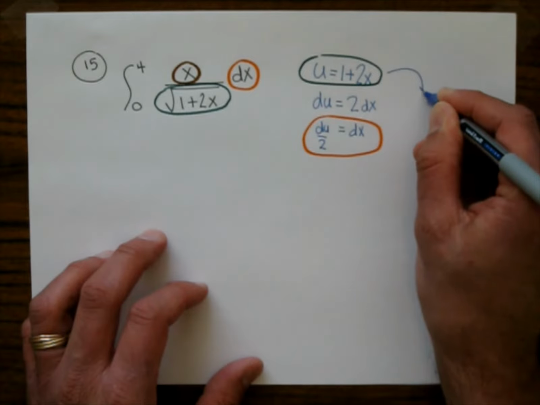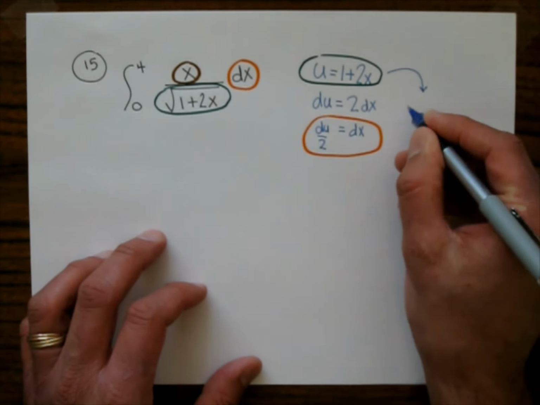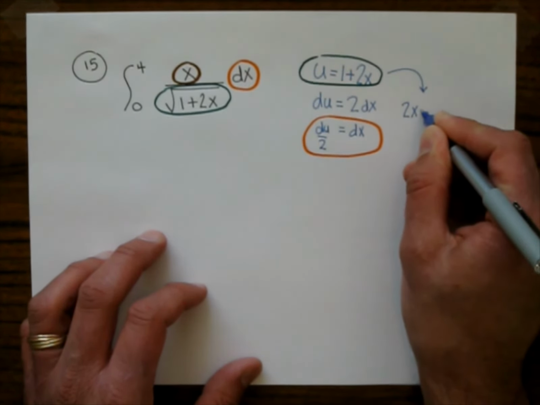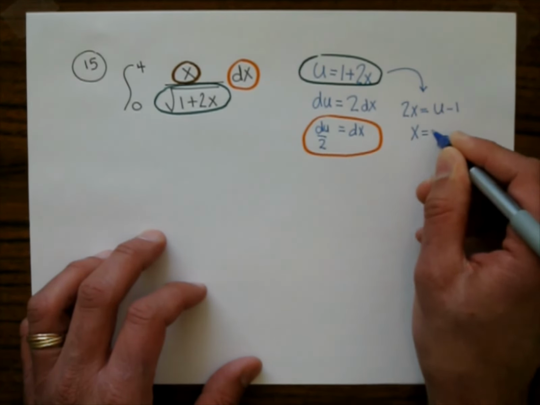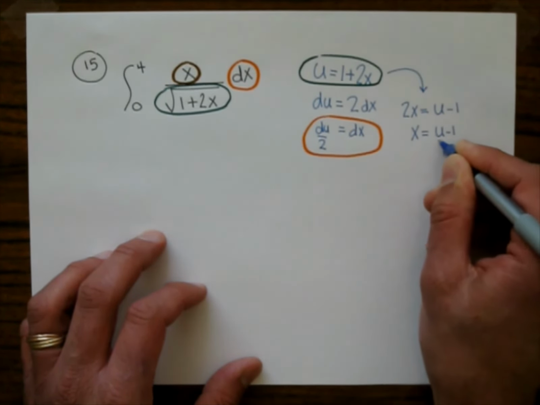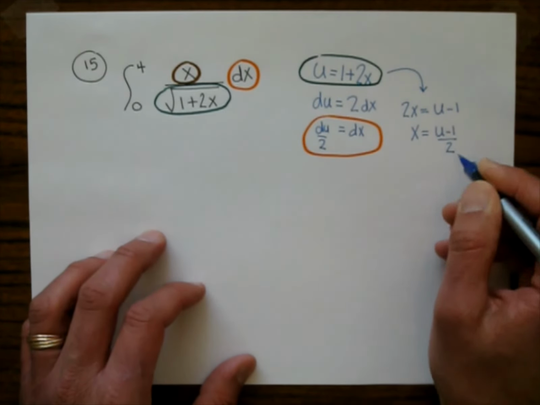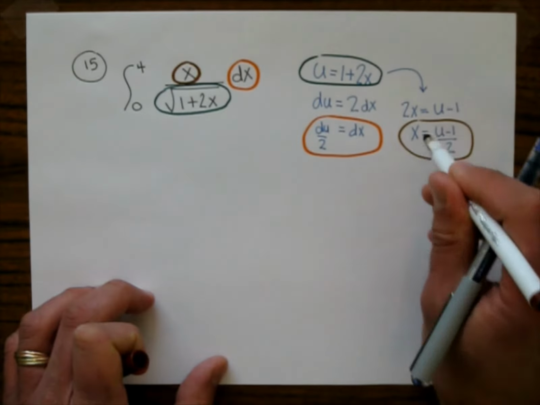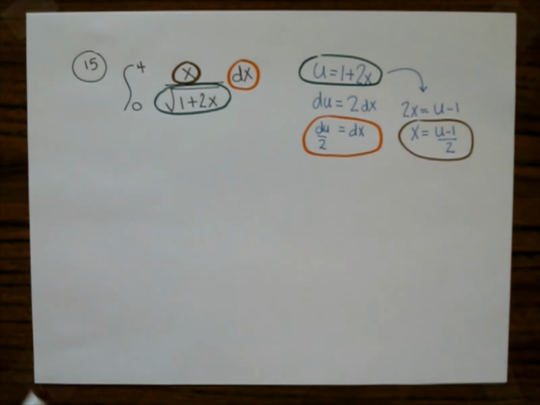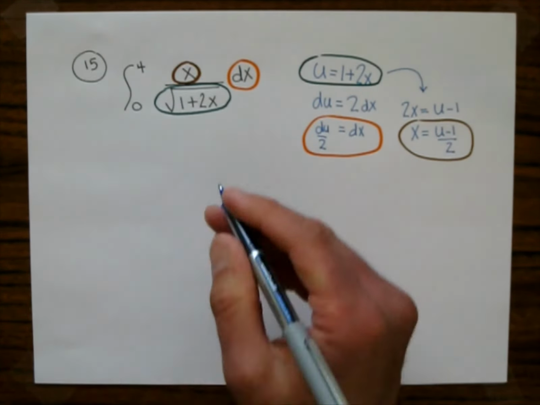Now, what we're going to do is solve for x here. So 2x equals u minus 1. x equals u minus 1 over 2. So it does look like I could solve for x. Now my limits of integration are written in terms of x's.